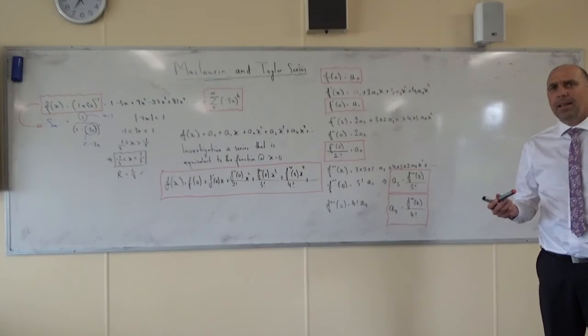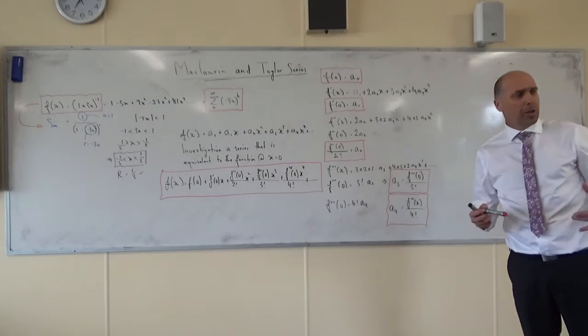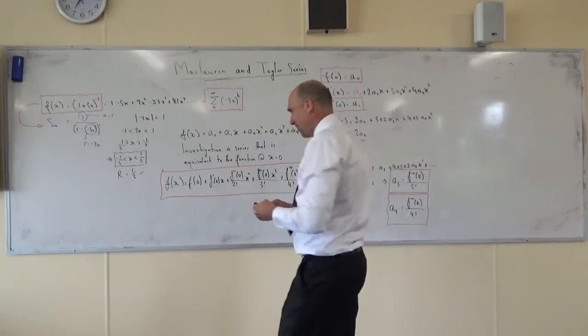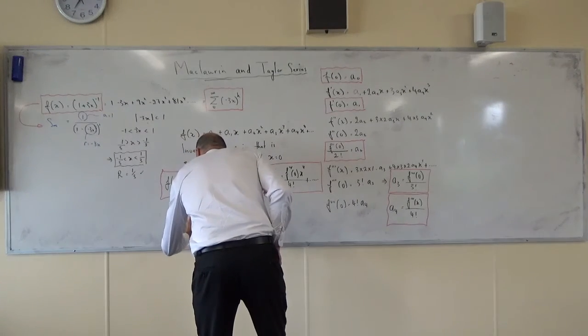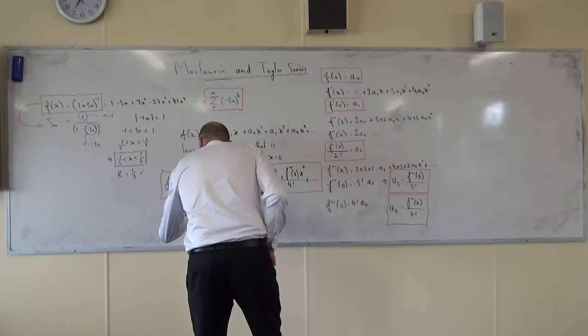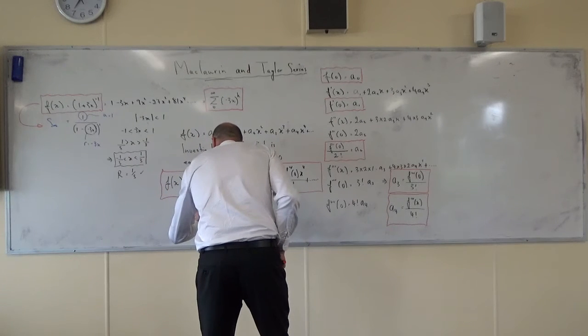Could I write that in series form? Could I write that as a series, do you think? What would we say? That's going to equal the sum from 0 to infinity. It will be f to the power of k.